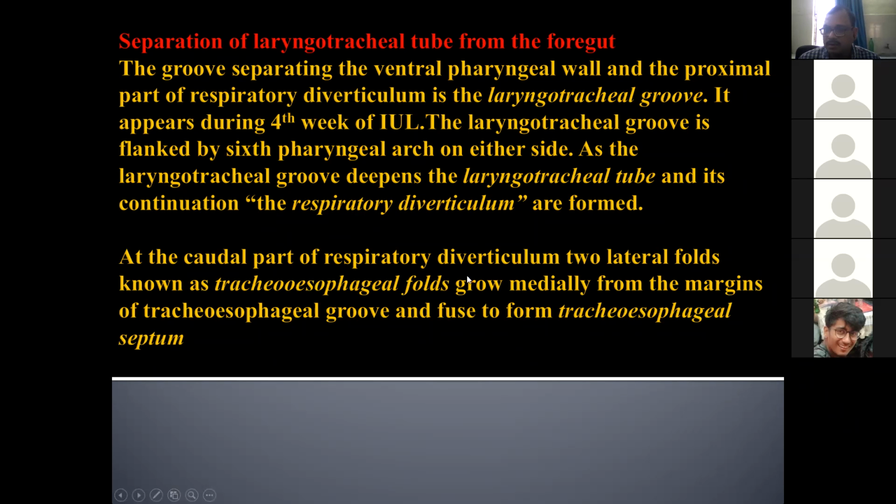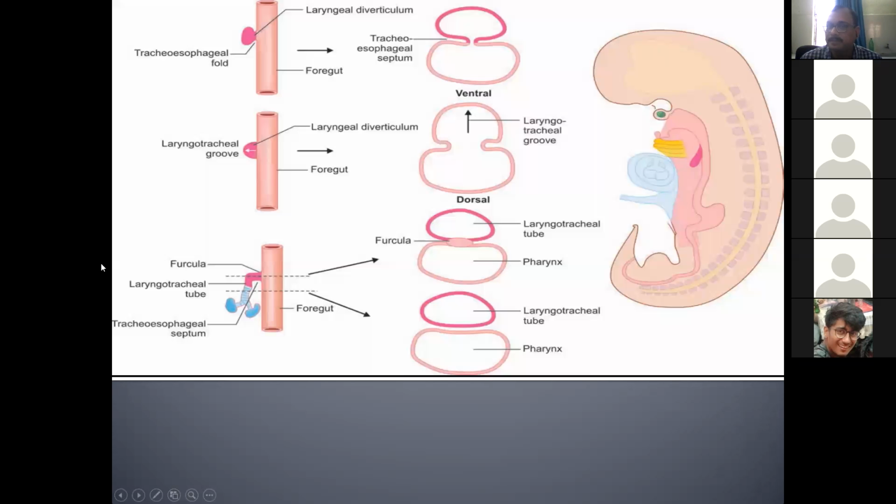At the caudal part of respiratory diverticulum, 2 lateral folds known as tracheoesophageal folds grow medially from the margins of tracheoesophageal groove and fuse with tracheoesophageal septum. You can see here, from the groove, tracheoesophageal groove, which is developing inside this foregut, on its lateral side, 2 folds are being developed. These are known as tracheoesophageal fold.